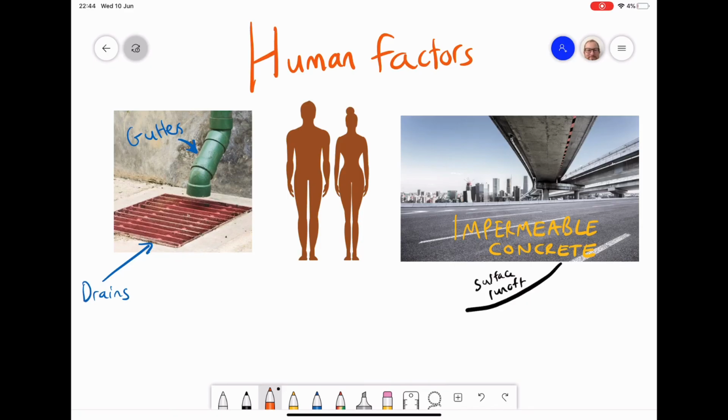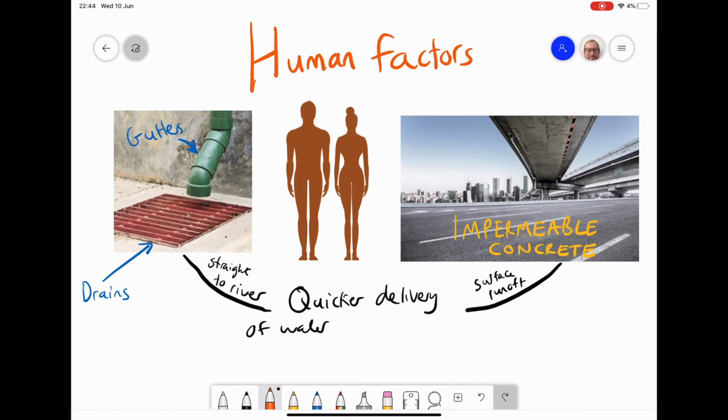That means any water that's caught by buildings would go straight to the river rather than being diverted in any way. These both lead to the water getting delivered straight to the river very, very quickly. So it's a quick delivery of the water. This is obviously a shorter lag time, and when we get a shorter lag time, therefore we get increased flooding.